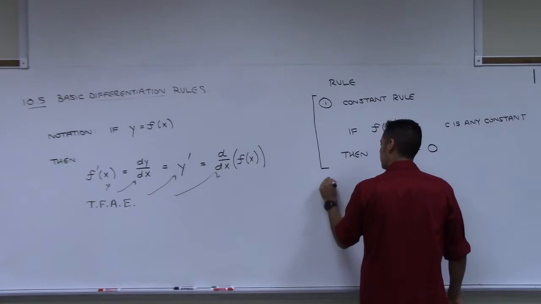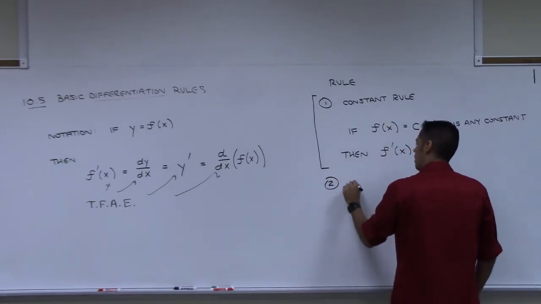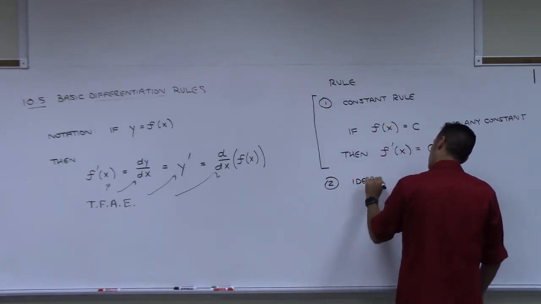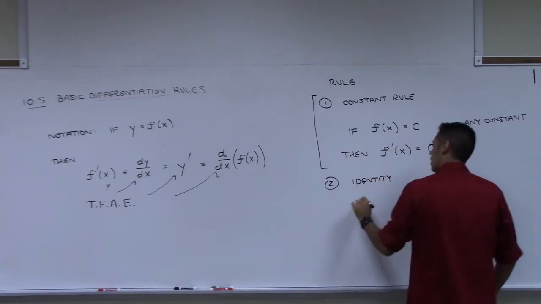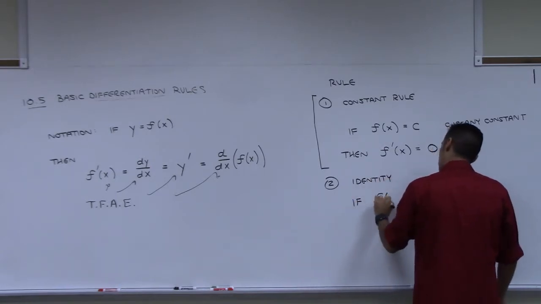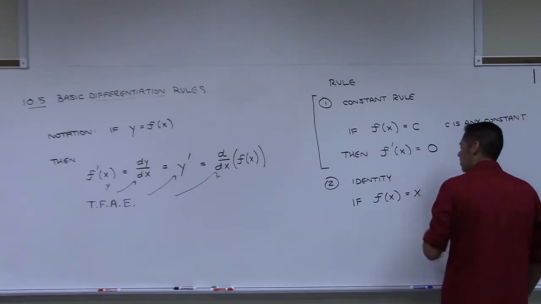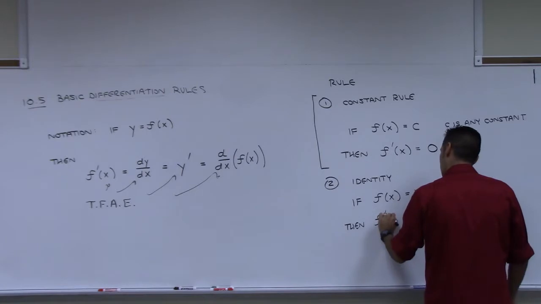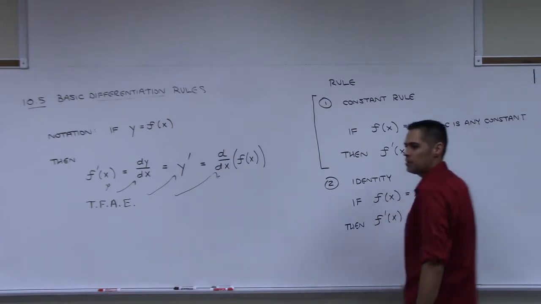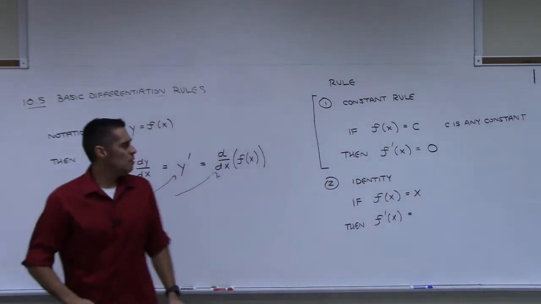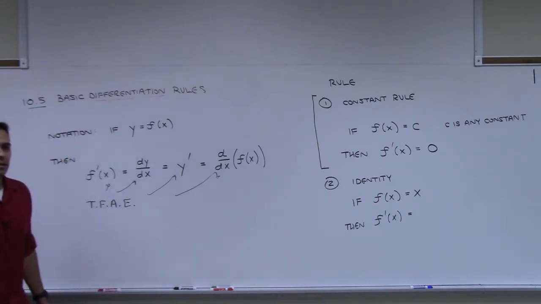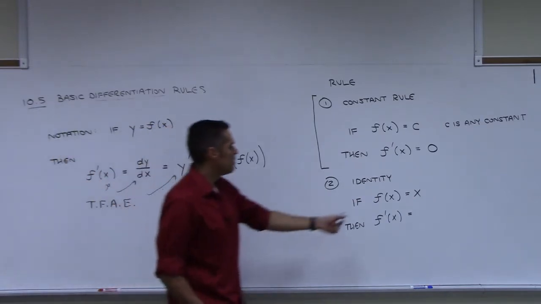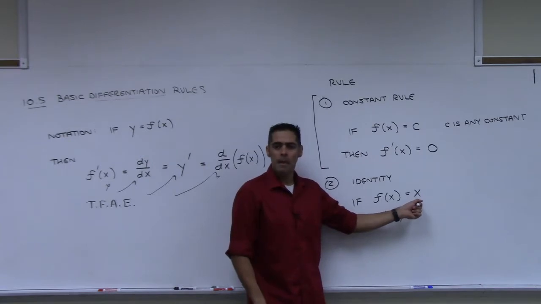Second rule. The identity. If f of x equals x, then f prime of x equals, let's think about this one. Do you all know what the function f of x equals x looks like? What type of graph is this? It's a line, right? What's the slope of this line? 1, right?